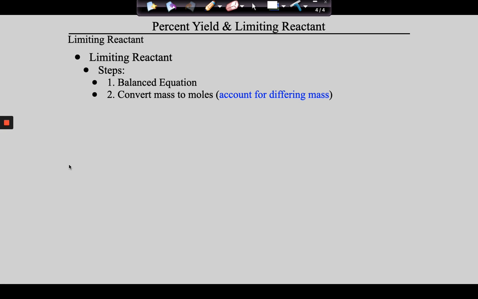Convert to moles. Then, guys, step number 3, we're going to divide by the coefficients. This allows us to account for their differing ratios. And then, guys, step number 4, the smallest number is the limiting reactant, like the 5 that we saw with our bicycle building.